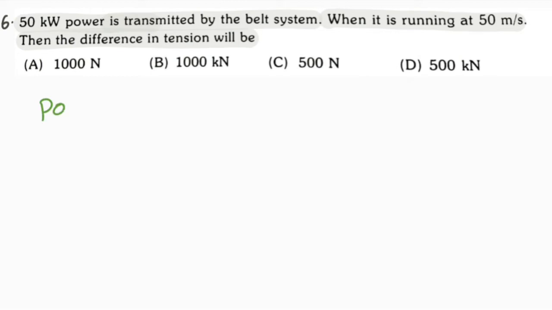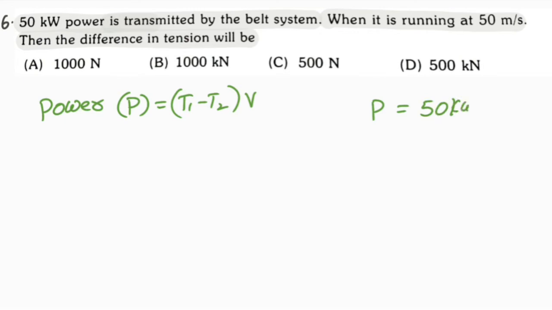Power transmitted by belt, P equal to (T1 minus T2) into belt speed V. Here power is given, 50 kilowatts. Let it be in watts: 50,000 watts, because 1 kilowatt equals 1000 watts. And the belt speed V is given as 50 meters per second.